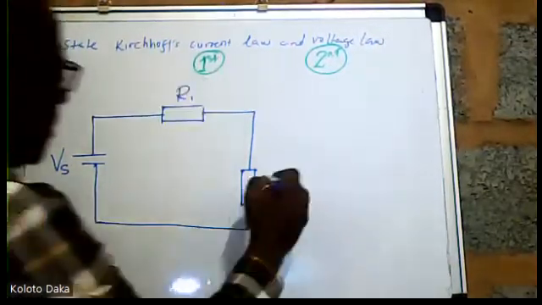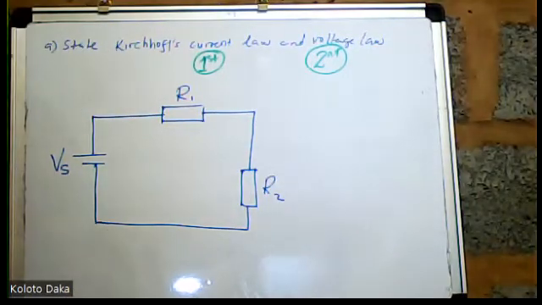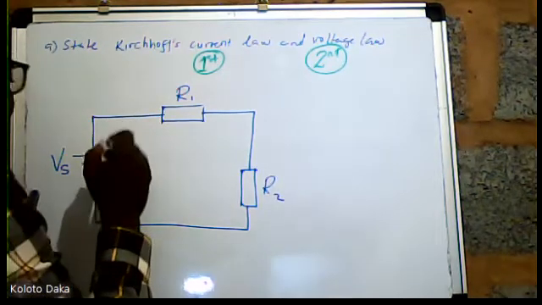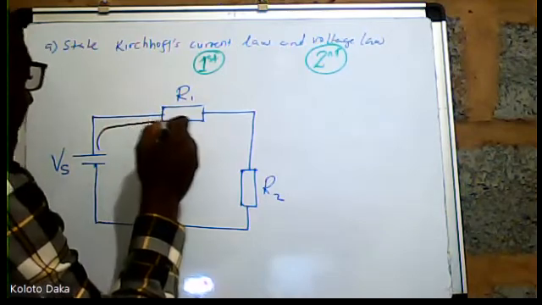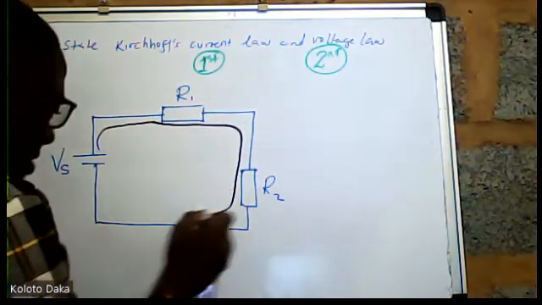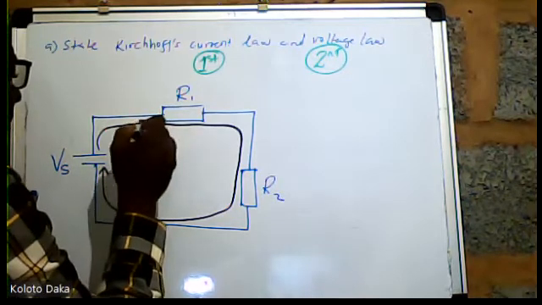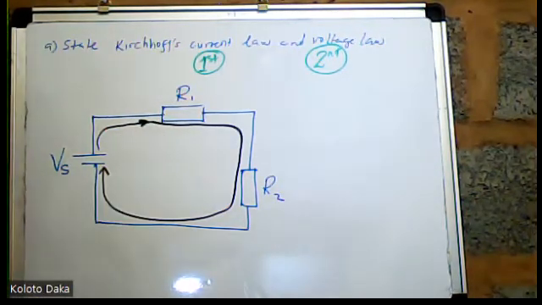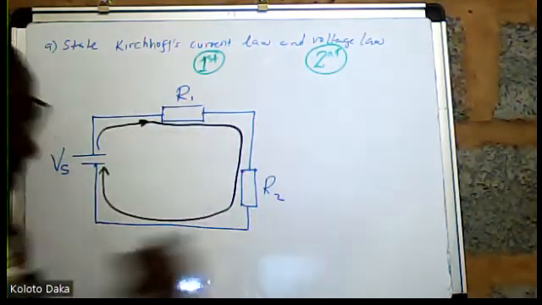Resistor 1, resistor 2. Okay? So, because of this voltage here, there will be current passing here in this circuit and come back like that. Okay? This voltage will cause current to flow in the circuit.